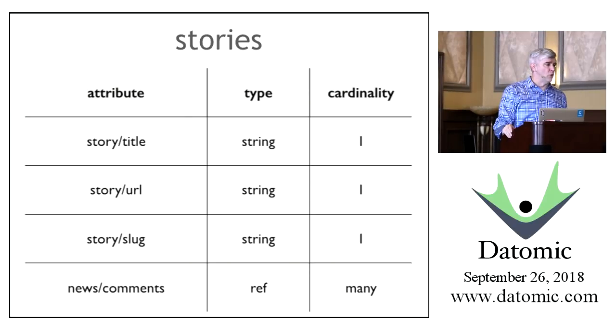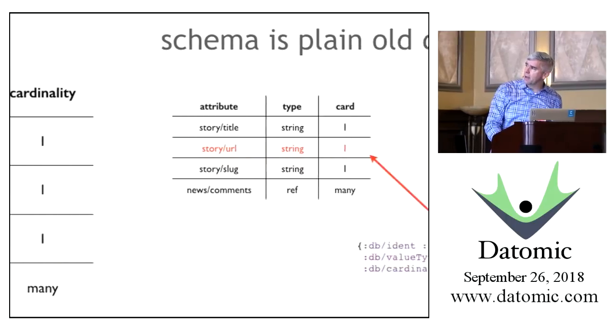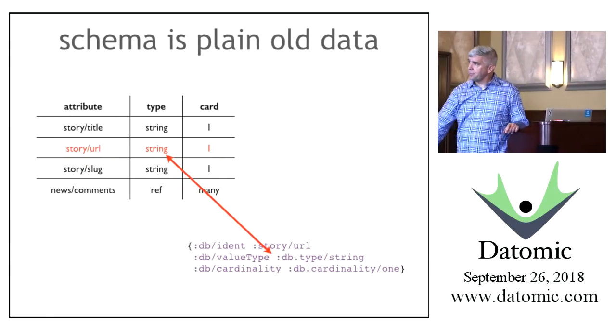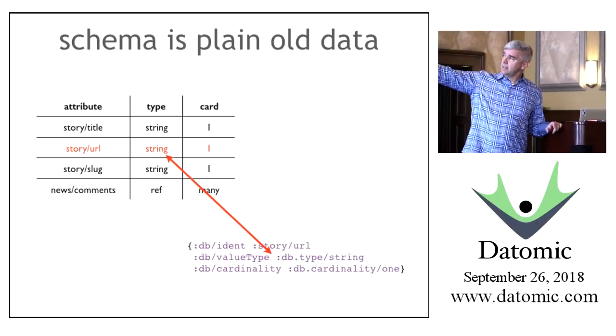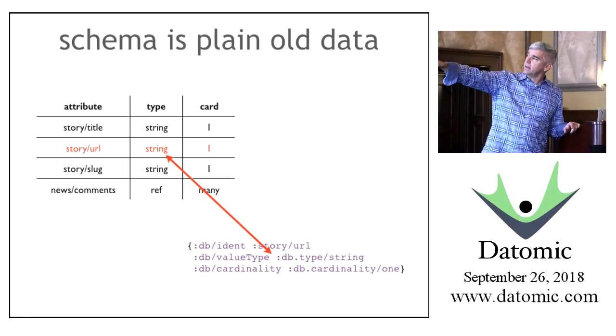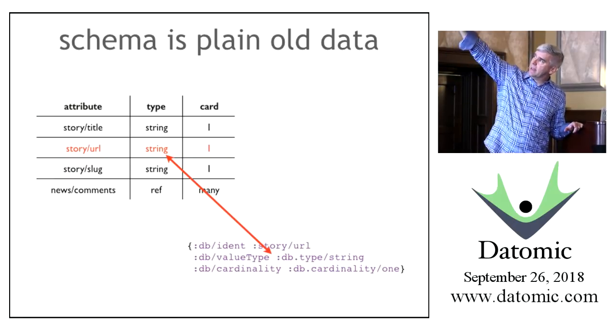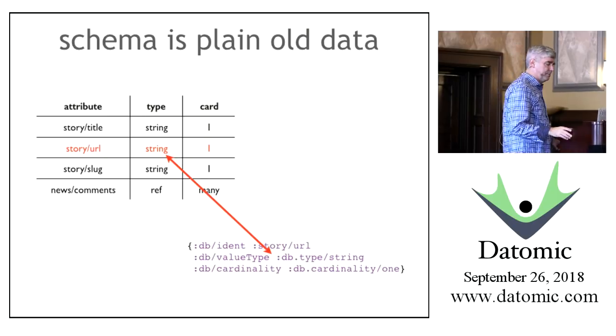You may do the logical model and then the physical model, or one of them is closer to your domain and the other one's closer to what you have to say to make SQL happy. You don't do nearly as much of that with something like Datomic. What this looks like is a piece of data in Datomic, a map that says my ident is store URL, my value type is string, my cardinality is 1. And you're going to have a little map like that for each different attribute in the system.